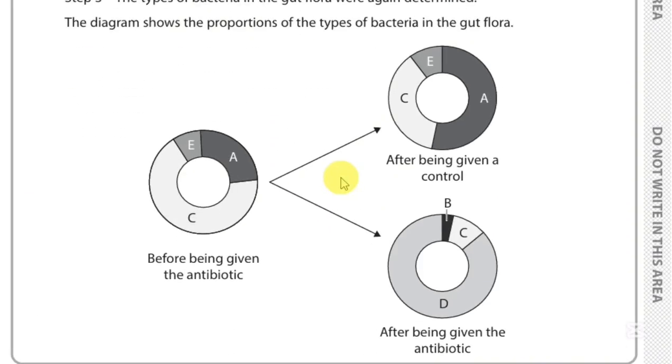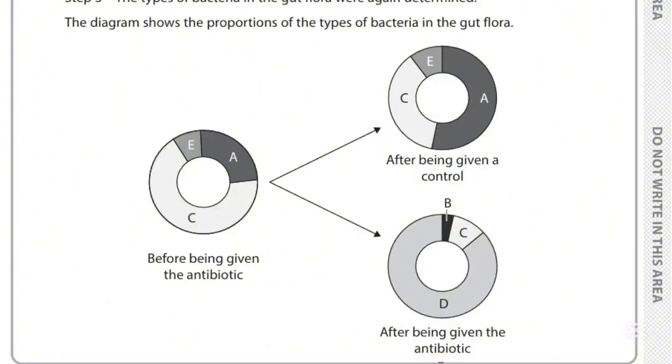The diagram shows the proportions of the types of bacteria in the gut flora. So this is the diagram which shows us the proportion of the bacteria before being given the antibiotic, after being given the control, and after being given the antibiotic. Okay, so we can see different types of trends over here. Before giving any antibiotic there was a huge number of bacteria type C compared to A and E, but when the control is given, the number of A increases, C decreases, but E remained constant.